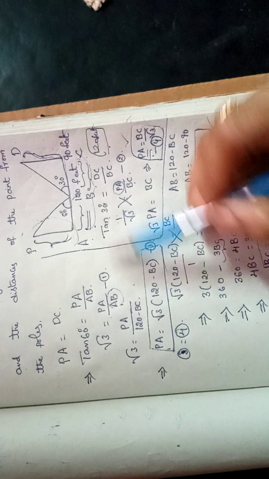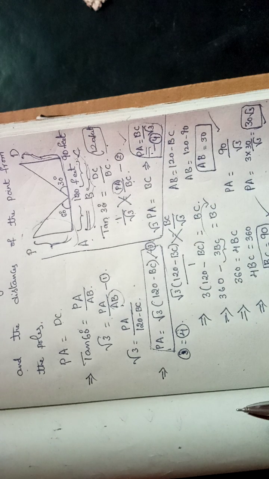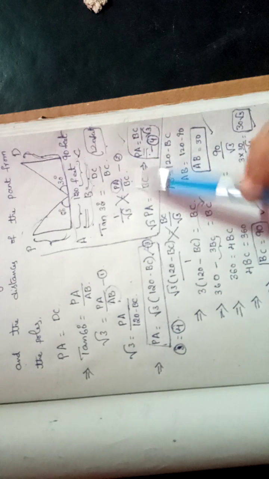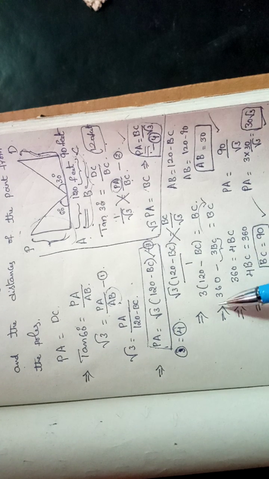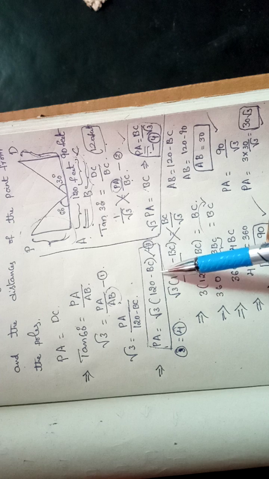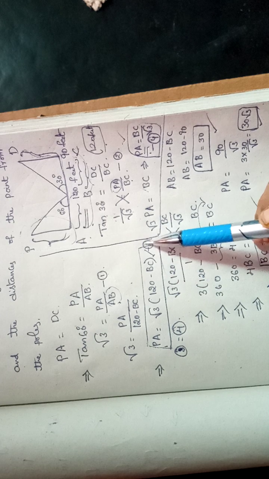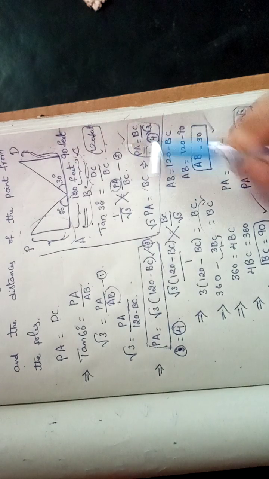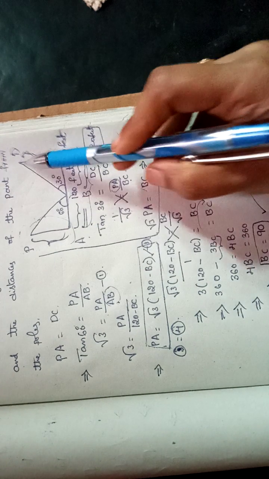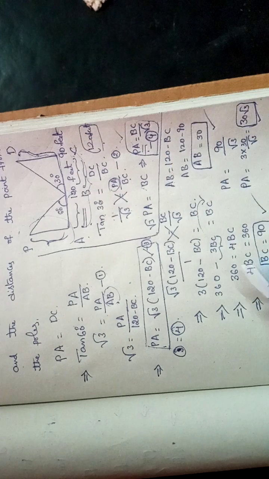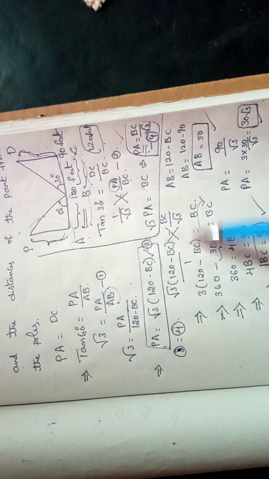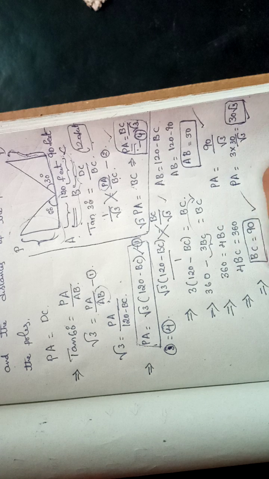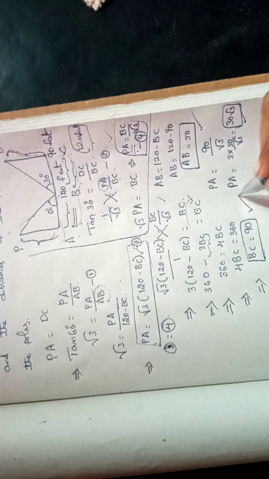Here I have changed AB as BC, and PA is the same in both. I observed that equation 3 equals equation 4 because the two poles are of equal height. So I equated them, and by solving step by step I got the BC value.